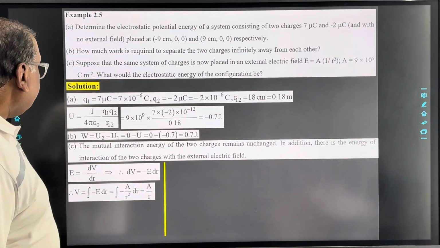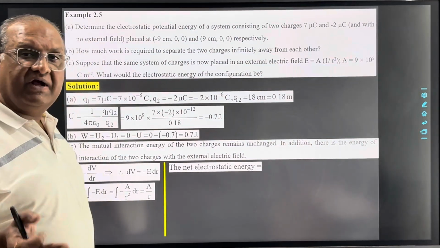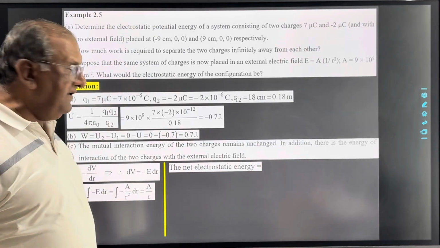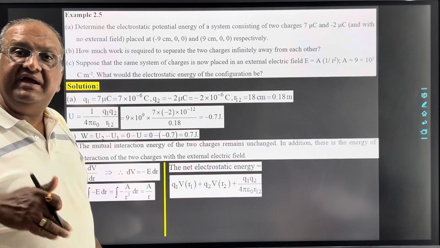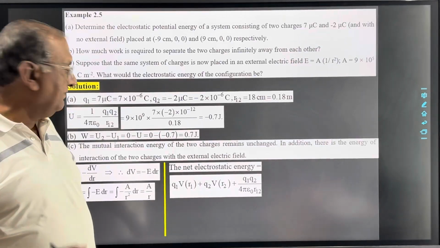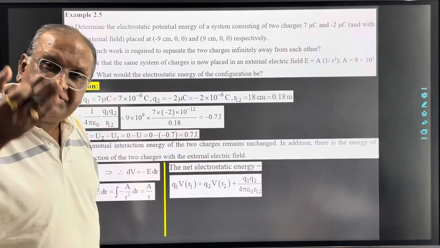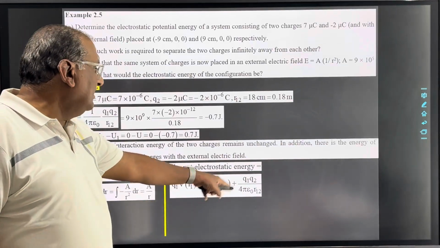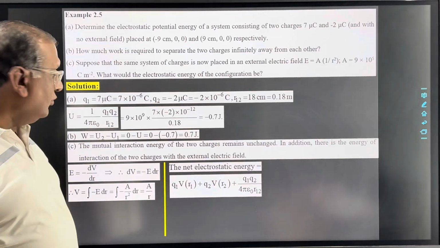Now the net electrostatic energy of the configuration in the external field, that is Q1 into V at position R1 plus Q2 into V at position R2 plus Q1 Q2 upon 4 pi epsilon 0 R12.